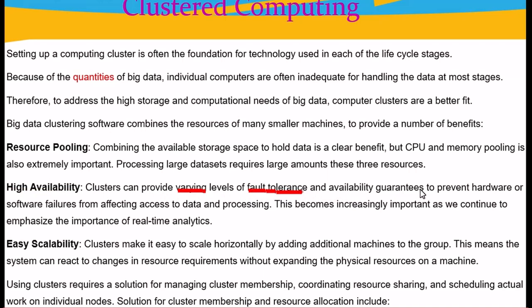This becomes increasingly important as we continue to emphasize the importance of real-time analytics, because on the data node, one original copy of the data is available, and also this cluster computing keeps copies of the documents in different locations, so this makes it easily available and reliable.